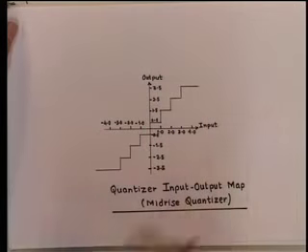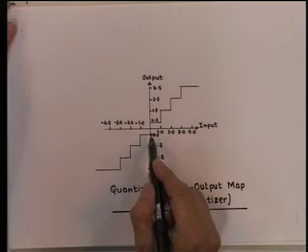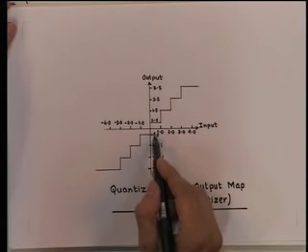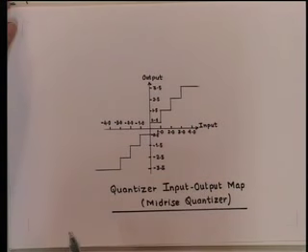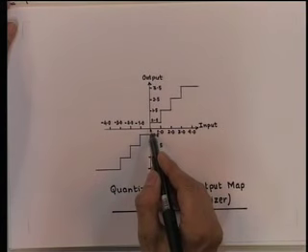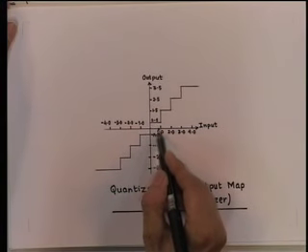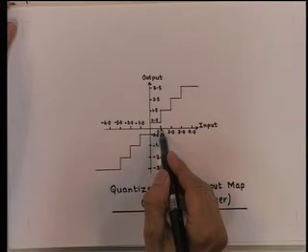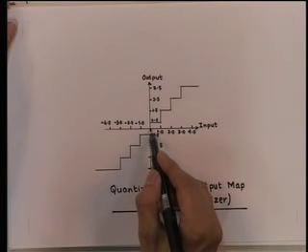So, this is the quantizer input output mapping for a mid-rise quantizer. Quantization step size is 1 and reconstruction levels are the midpoints of this interval.